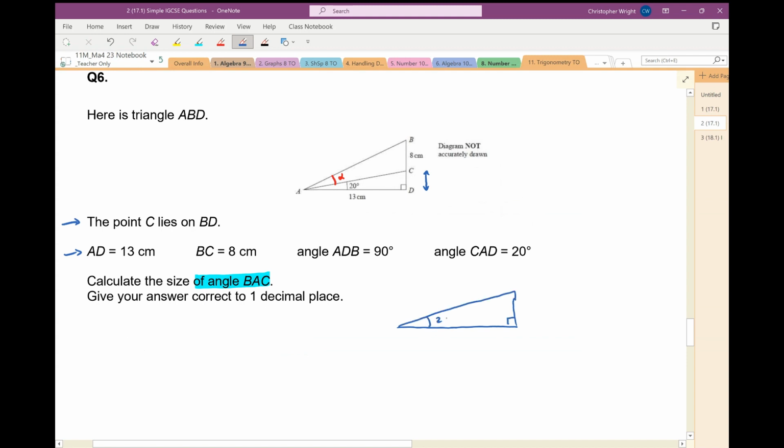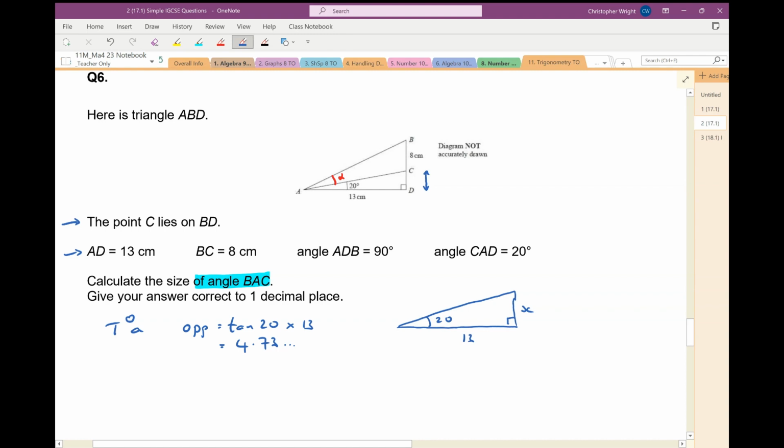So that's 20, that's 13, and I'll call CD x. Right, I'm going to use tan, and the opposite, which is x, is going to be tan 20 times 13. Okay, tan 20 times 13 on my calculator is 4.73, and so on.